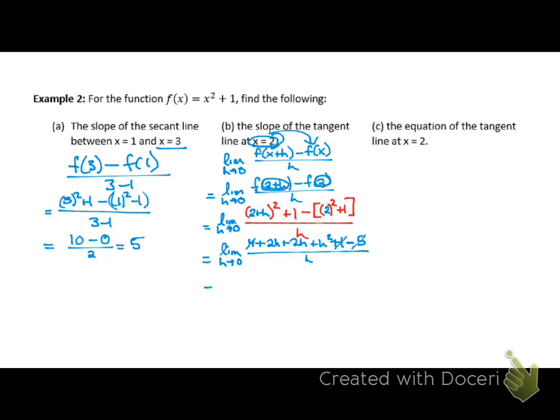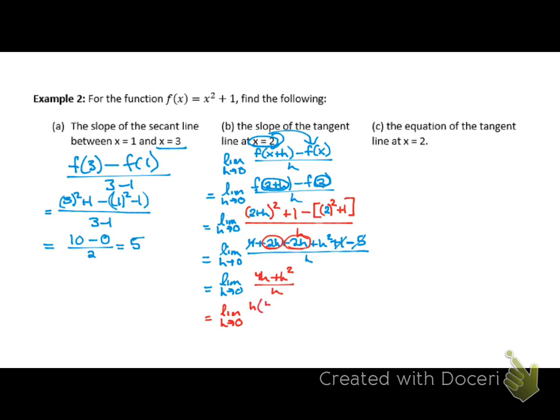And then I'm going to combine like terms with my h's. So I'm going to have the limit as h approaches 0. We have 2h plus 2h, which is 4h, plus h squared over h. Now, notice there's an h in everything. So I'm going to simplify this as well. And I'm going to get the limit as h approaches 0. Now before I try simplifying it, before I cancel, I'm just going to factor out an h because there's an h in both terms of the numerator.